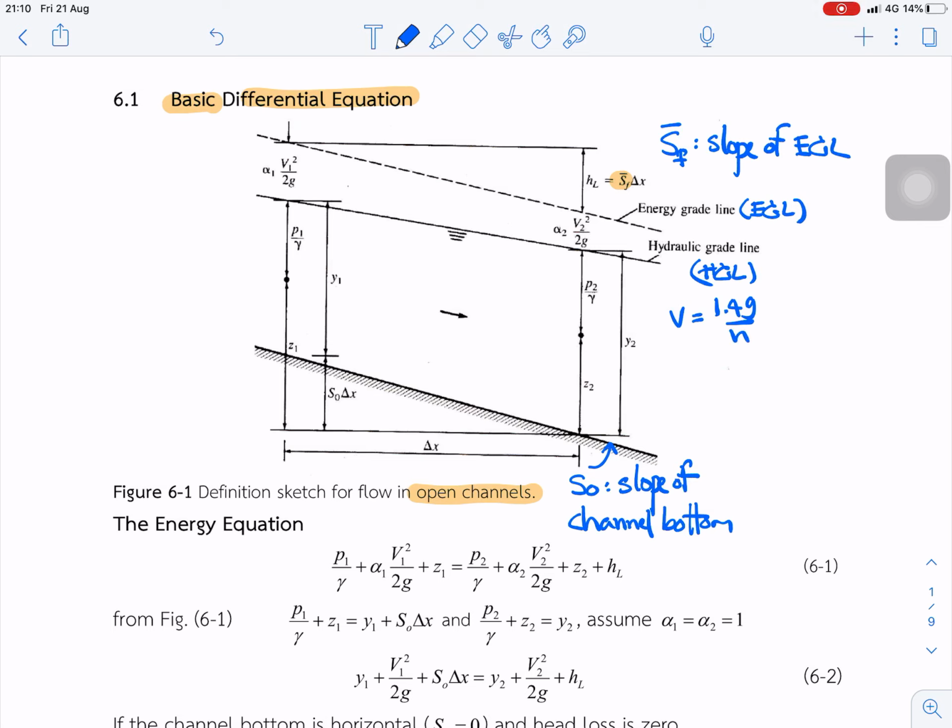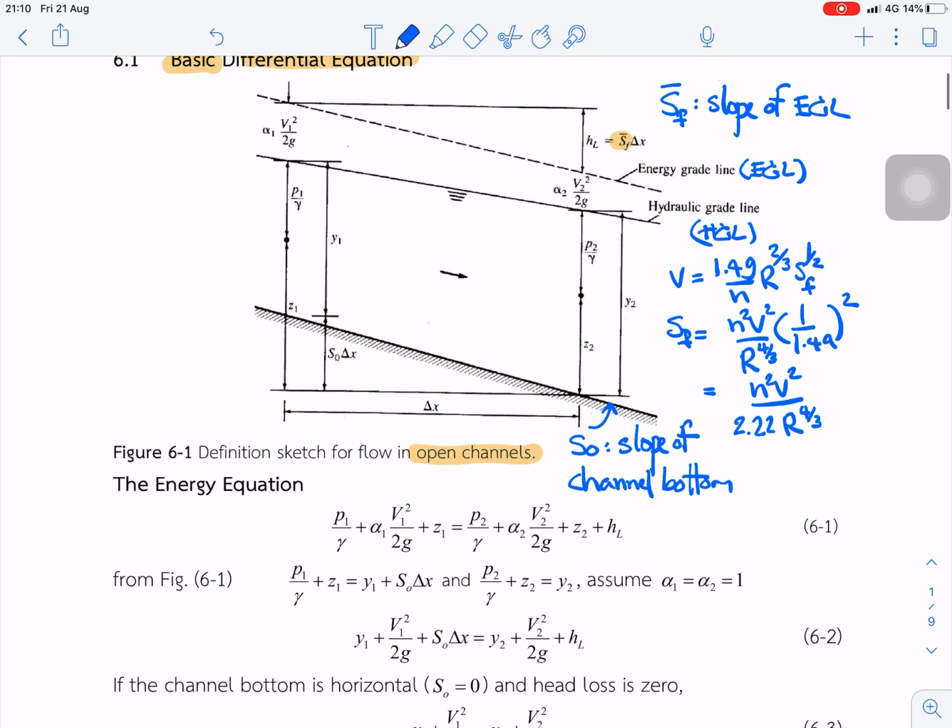So SF is equal to n squared, velocity squared, divided by 2.22 times hydraulic radius to the power 4/3.